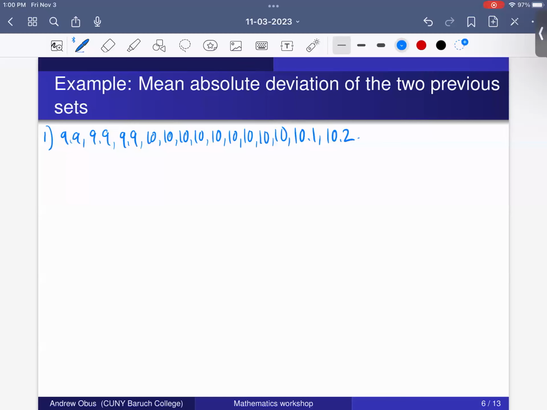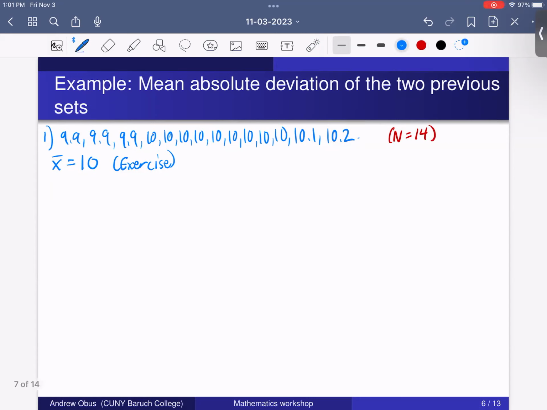Okay? So this is our data set. So first we have to calculate the mean, this x bar, which I'm just going to tell you is 10. This is an exercise to calculate the arithmetic mean here, but you just add these things all up. Maybe I should mention that the number of measurements, this n right here, is 14.